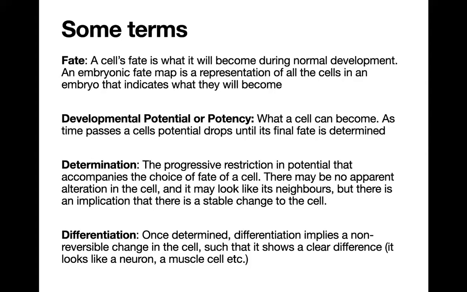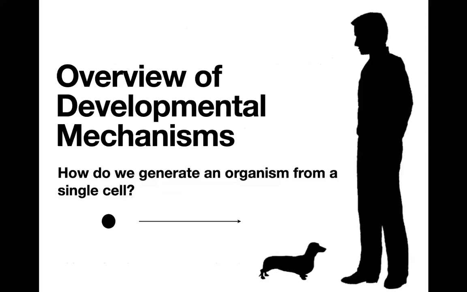Today's lecture is just an overview on the developmental mechanisms. What we're trying to think about is how we generate an organism from a single cell. The nuance here is that we should say this in a different way. The egg is a single cell, so the zygote will give rise to an organism.